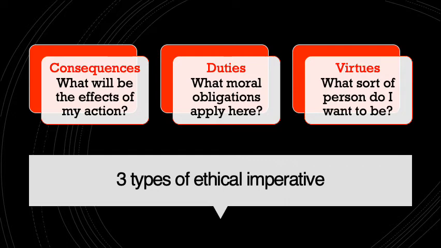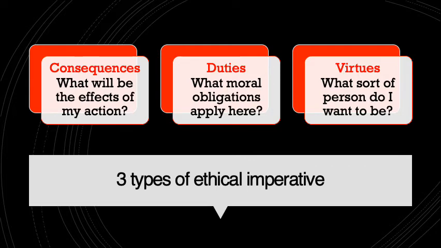What responsibilities do I have? Do I have an obligation to uphold the law? Do I have an obligation to care for my family? These are different sorts of duties we can have. Sometimes they're in conflict with each other, and we have to weigh them. But they are general rules that we often consider when making moral arguments.